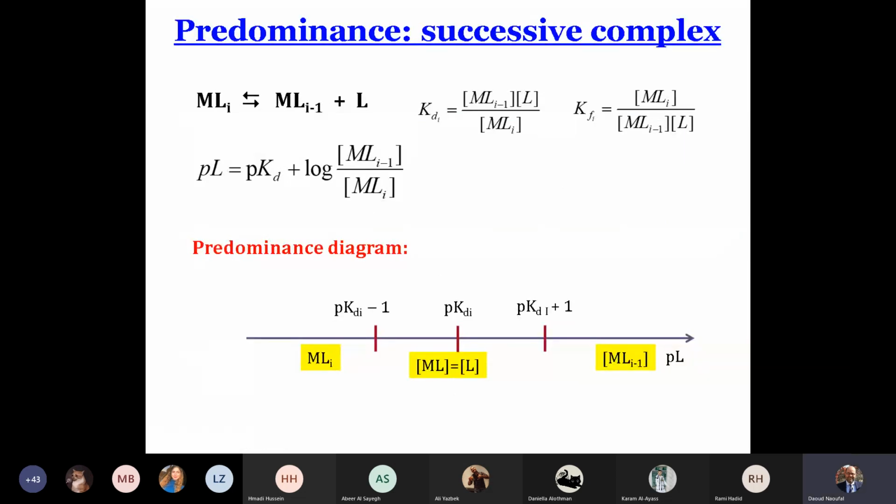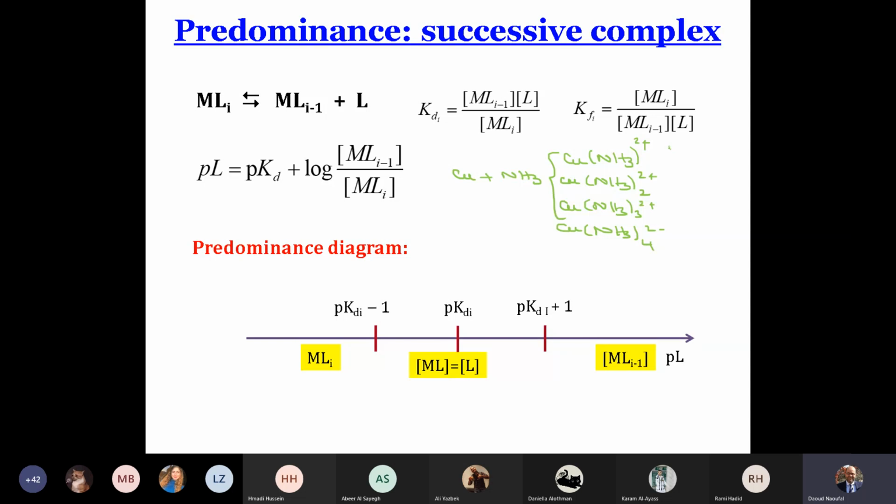Predominance of successive complexes. Suppose we add Cu2+ plus NH3. So by theory, we can have formation of 4 complexes, Cu(NH3) 2+, Cu(NH3)2 2+, Cu(NH3)3 2+, and Cu(NH3)4 2+.